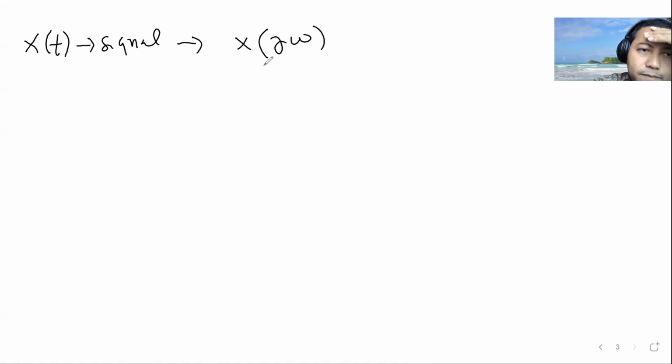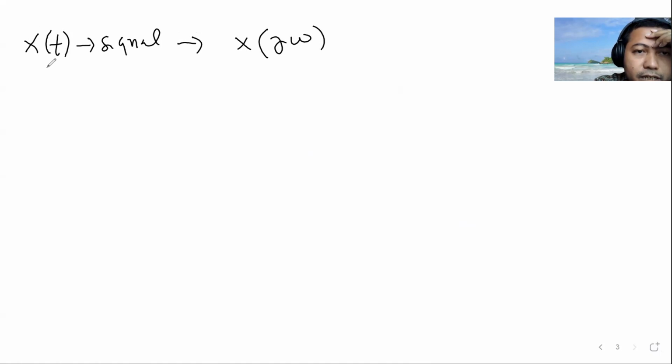Assume that this is x(t). The x(t) is the signal we want to transform. This is the signal in time domain that will be transformed into the frequency domain X(jω).